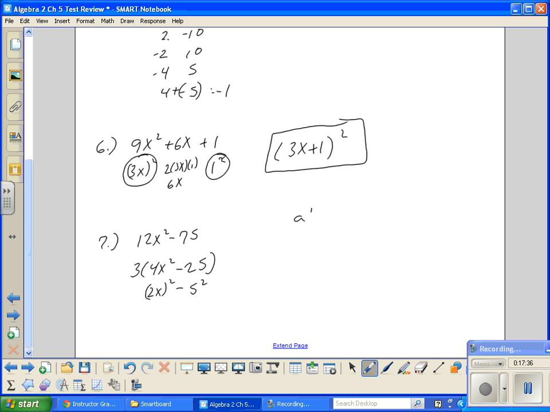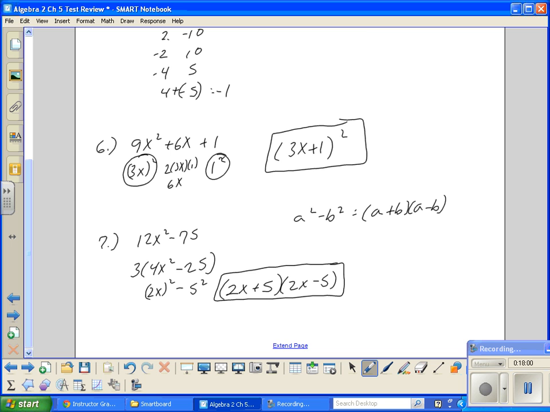So that's an a squared minus b squared format, which we know, or should know, factors to a plus b, a minus b. So that's going to be 2x plus 5, 2x minus 5. It's called a difference of two squares.